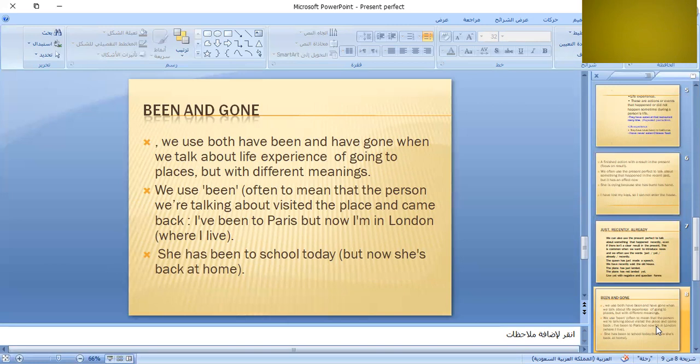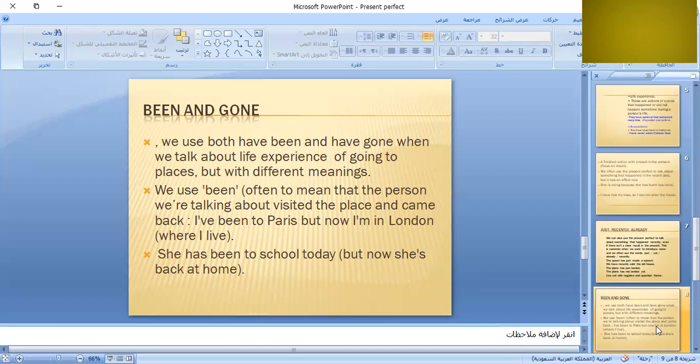There is some difference in meaning between these two words. I say, he has gone to America. It means he is still in America. He hasn't come back home.